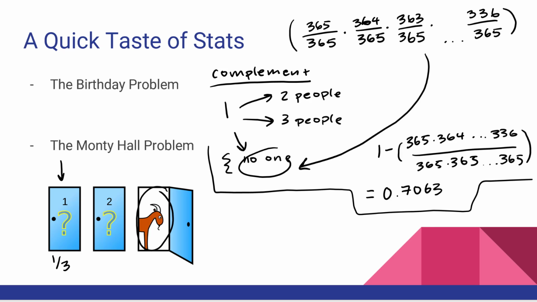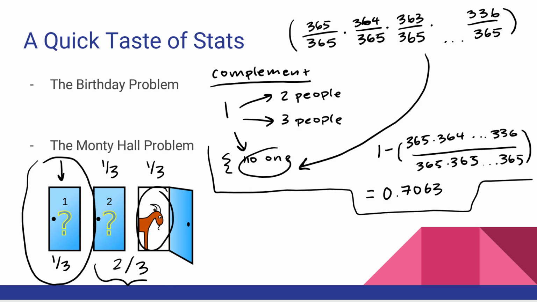So outside of your 1/3, outside of your little bubble here, there is a 2/3 probability floating around because all probabilities must add up to 1. Before the game show host opened a door, each door had a 1/3 probability. So our 2/3 was split up evenly between these 2 doors.